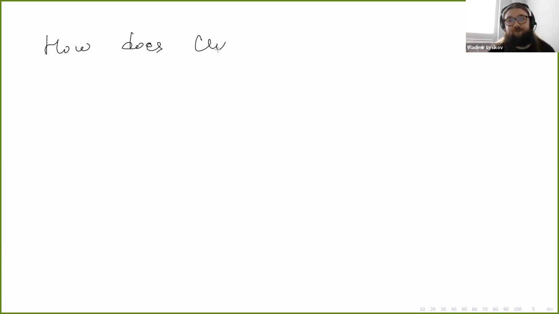So how does the Coppersmith-Winograd algorithm for matrix multiplication work on a high level?